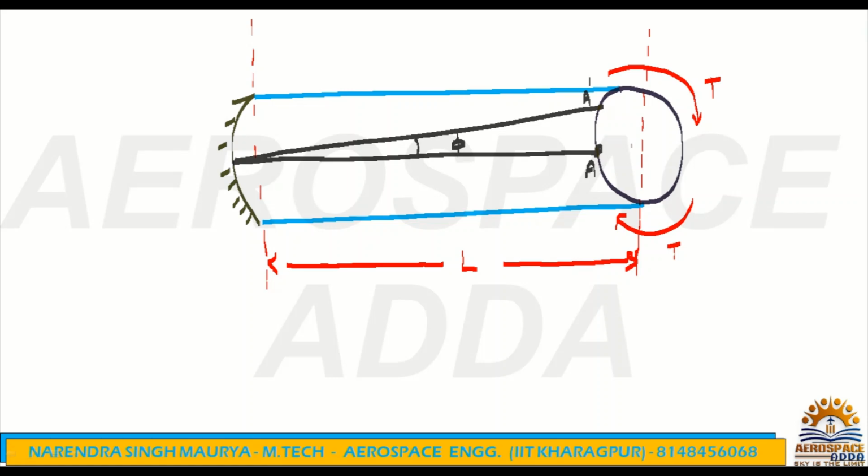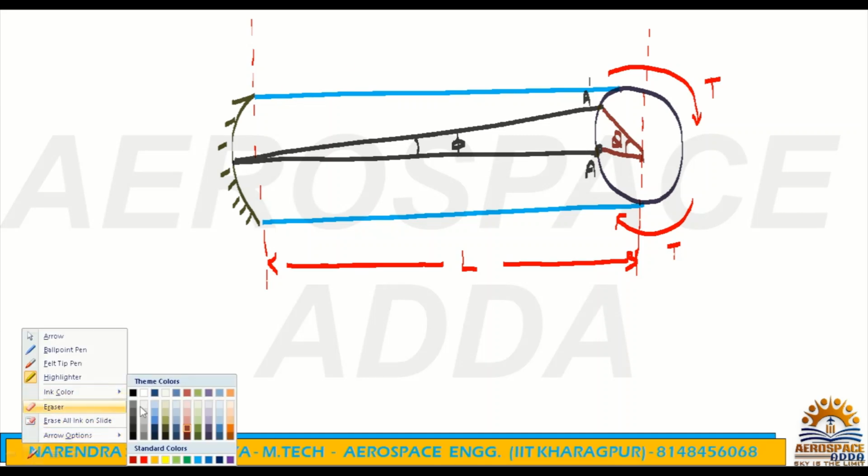This angular deformation you can see at the center of this cross section also. Suppose this is the center here. I can mark it here. So it will be twisted like this, and this is theta.